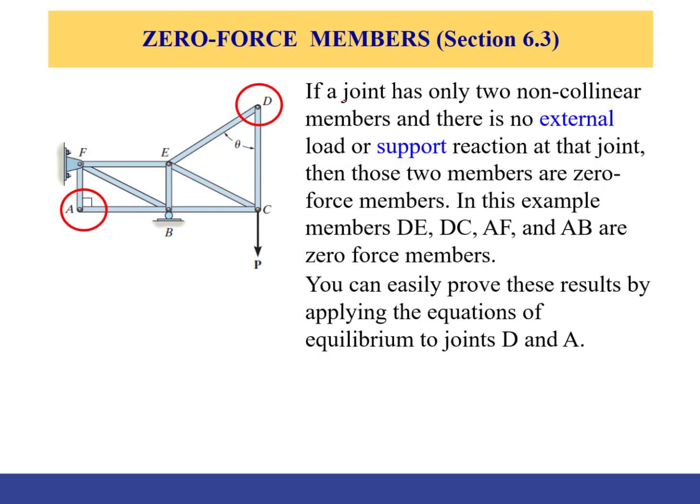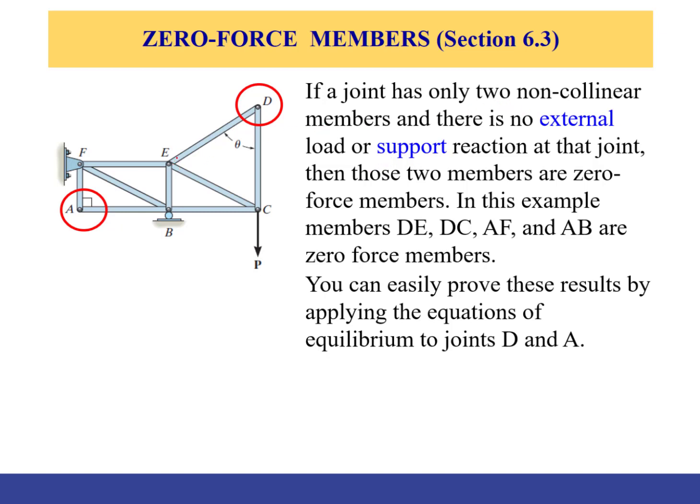So again, if a joint has only two non-collinear members, let's take a look at this. ED and DC are two non-collinear members, right? They are not on the same line, they have an angle. And there is no external load or support reaction at that joint.